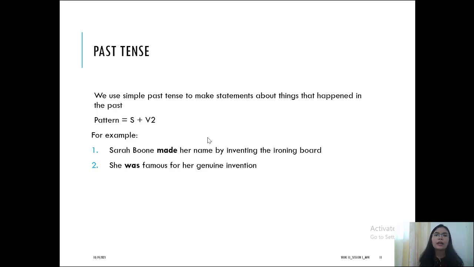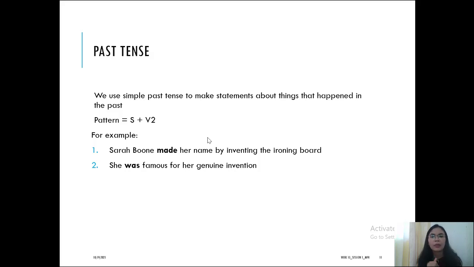Alright, so let's look at the definition of past tense or what it is used for. The first one is we use simple past tense to make statements about things that happened in the past. The pattern is very quickly subject plus verb two. So the sentence that uses verb two is past tense. For example, there are two sentences from the reading that I'm taking over here.